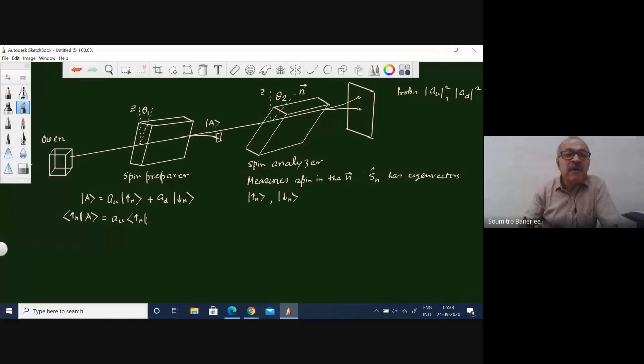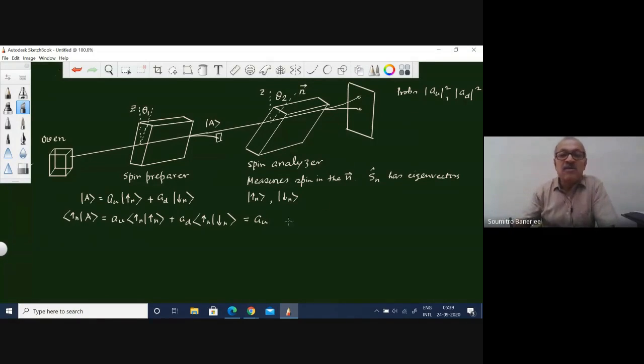It will be up n acting on AU up n, which will be 1, plus AD, up n, down n. So obviously this will be 0 and this will be 1, and therefore you get AU. So this is a way of obtaining the coefficients which will give these probabilities.